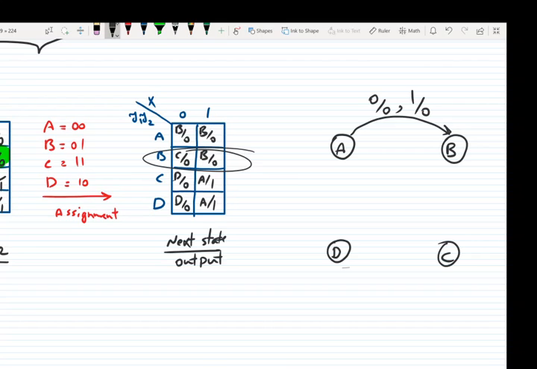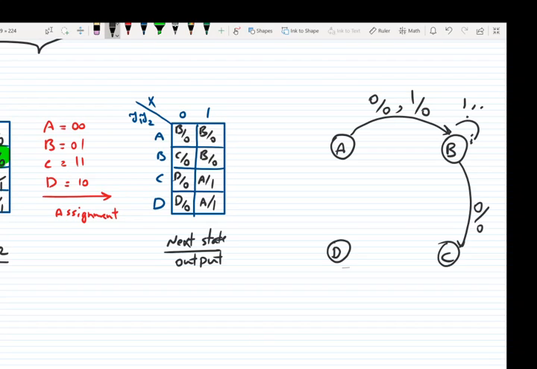If we are in state B, input is 0, we move to state C and the output will be 0. If we are in B and the input is 1, we remain in state B and the output is 0.